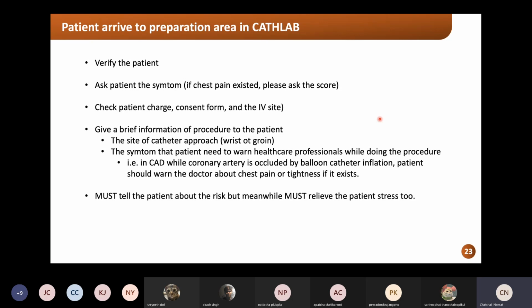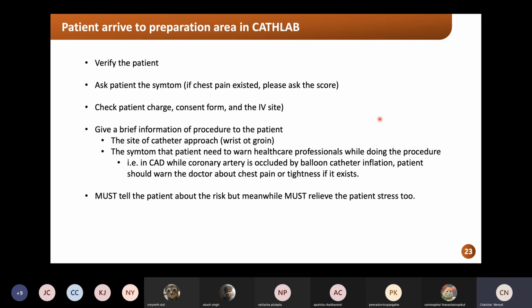After that, you have to ask the patient about current symptoms, in case the patient suffers from CAD, or coronary artery disease. You have to ask about chest pain, and if the patient says yes, I have a chest pain, then you have to ask about the pain score as well, from 1 to 10.